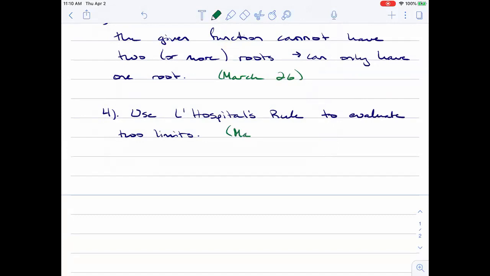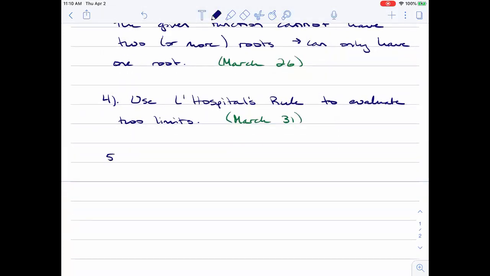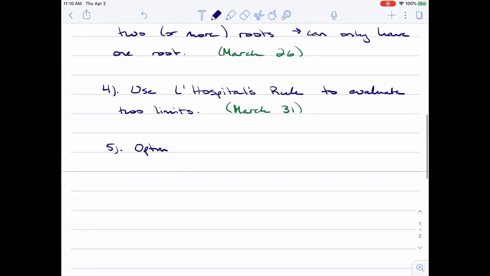We did this last day on March 31st. And then the last question is an optimization problem, which we did last day, but I've got 2 more examples for us to go through, and then that'll be it for today.